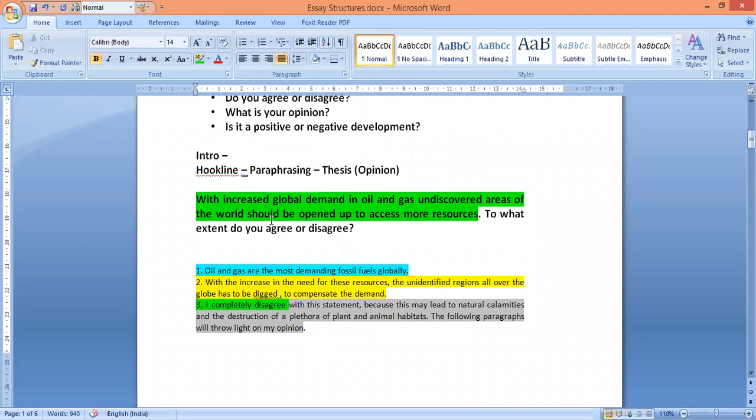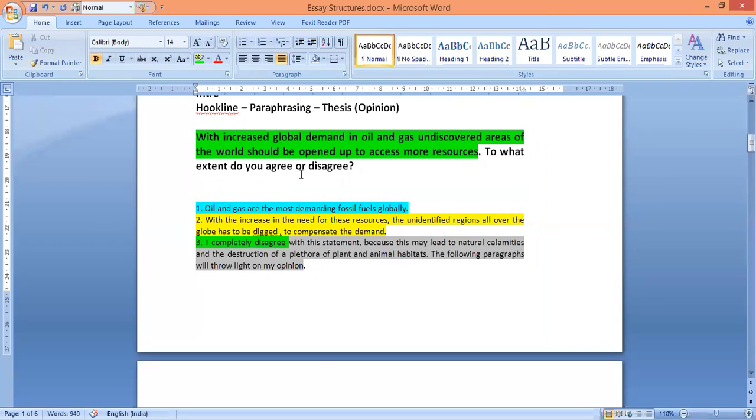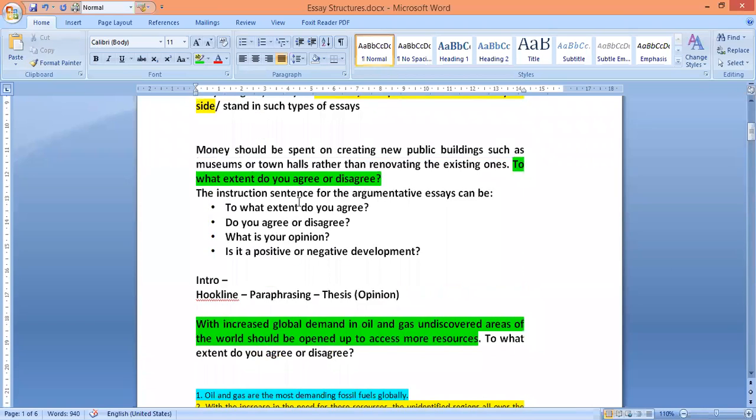My only concern is if you get this agree, disagree question, you have to follow three steps. One is the hook line, then paraphrasing, and third is the opinion. So is she giving an opinion here or not? Yes, she gave her opinion that she completely disagrees.